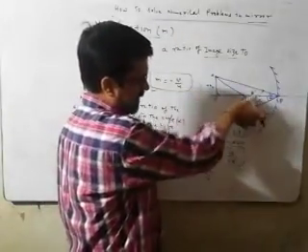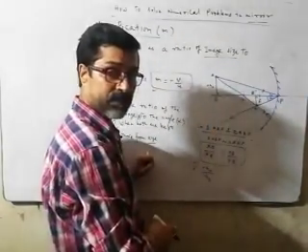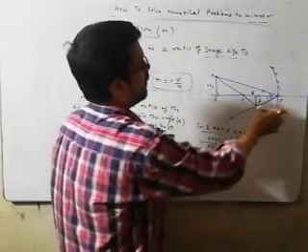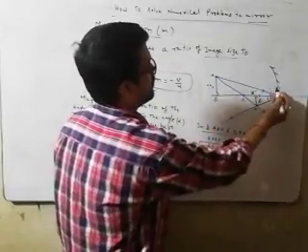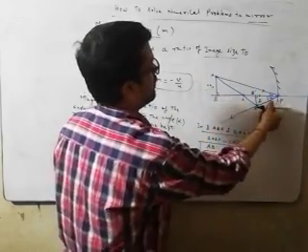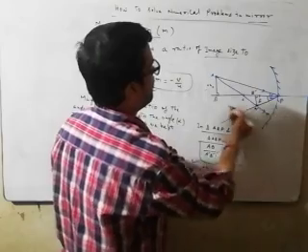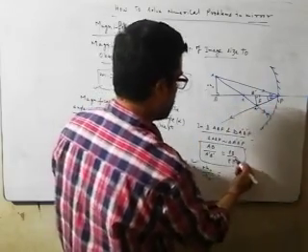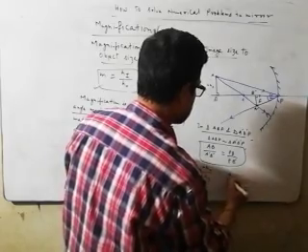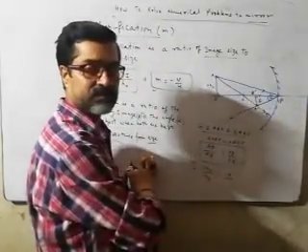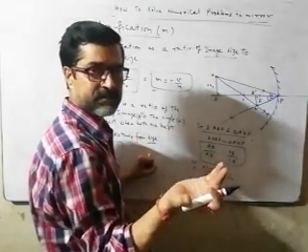We are putting proper sign convention. PV is the object distance, from the pole. In front of the mirror, distances are negative. So PV will be object distance, minus U. Object distance is always negative.